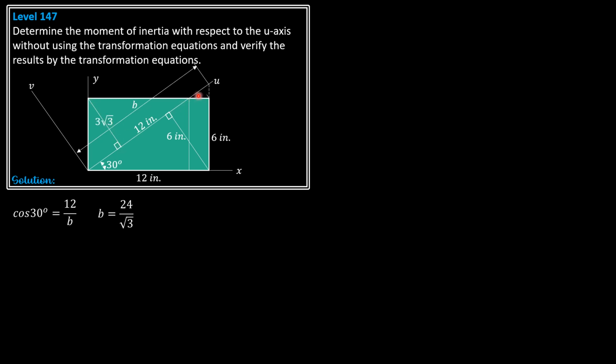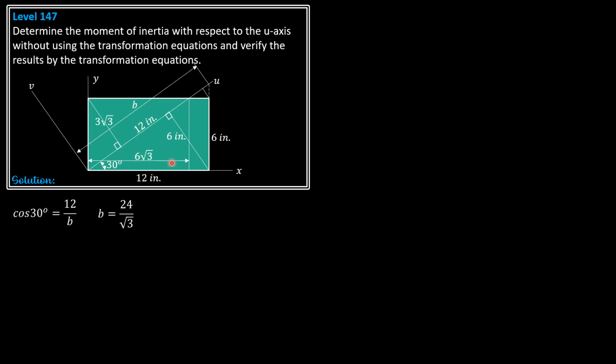Then for the height of this small triangle which lies outside the rectangle, to be subtracted later, remember this is 12 inches and this length is hypotenuse 12 for this right triangle. 12 cosine 30 is 6 square root of 3, so that is 6 square root of 3 inches.